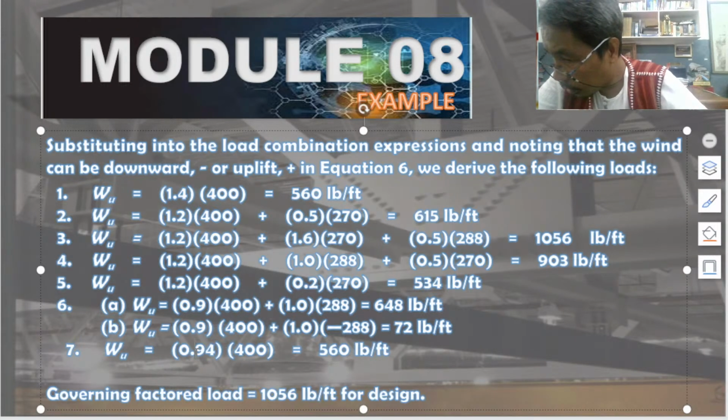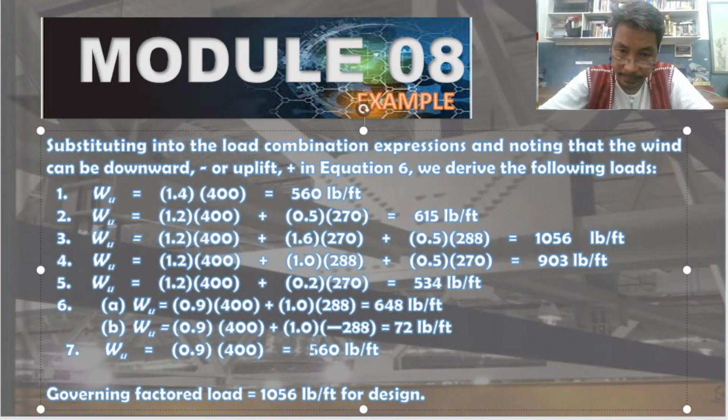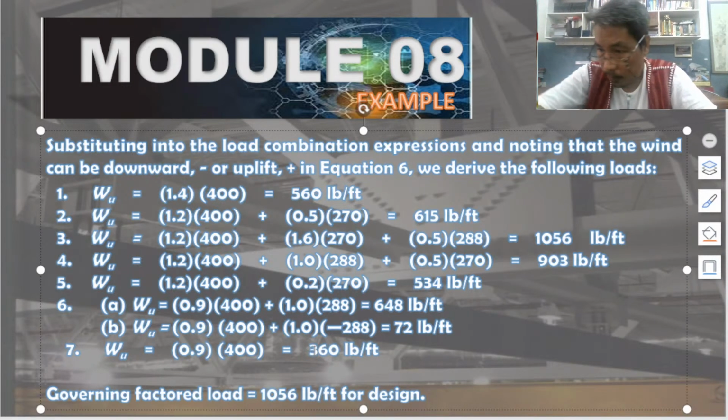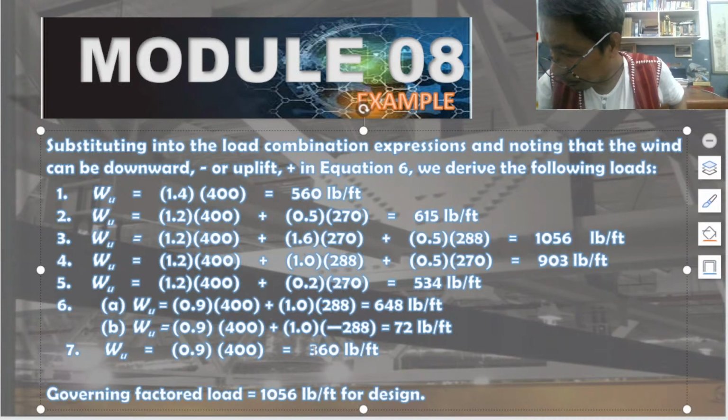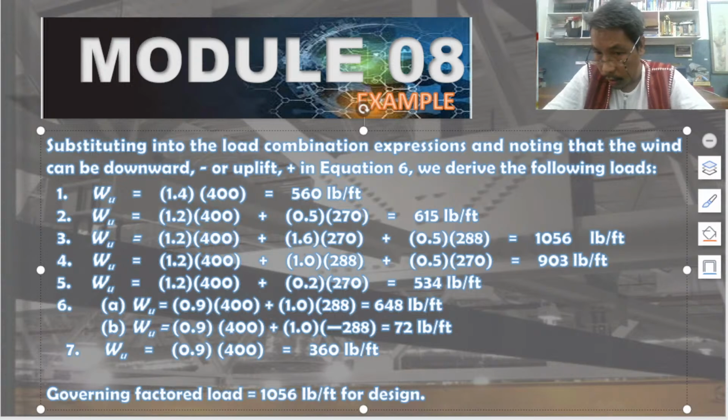Please compute what is 0.9 times 400. That is 360. So 360 pounds per foot.